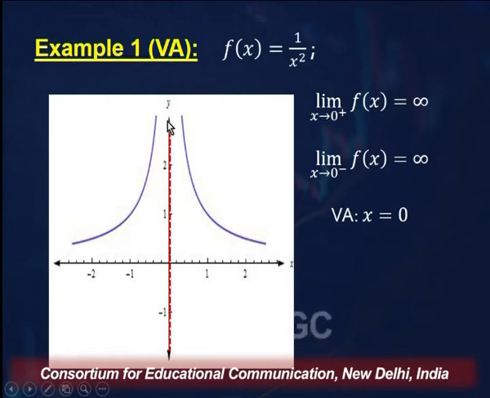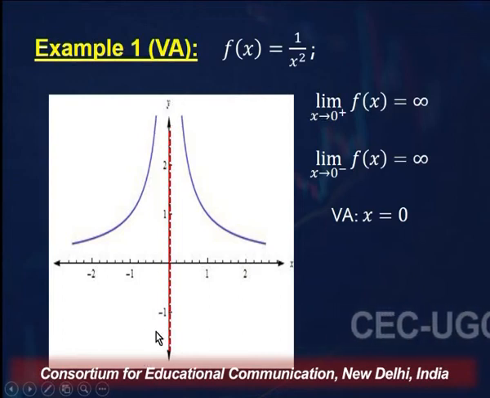Do you see that in the picture here? In both the first and the second quadrants, the function is increasing without bound as x tends to 0 either from the left or from the right. Basically, you are talking of a situation here where the limit does not exist.